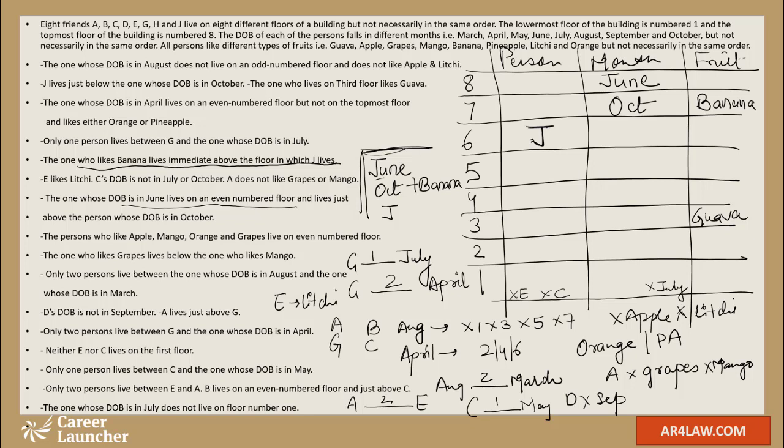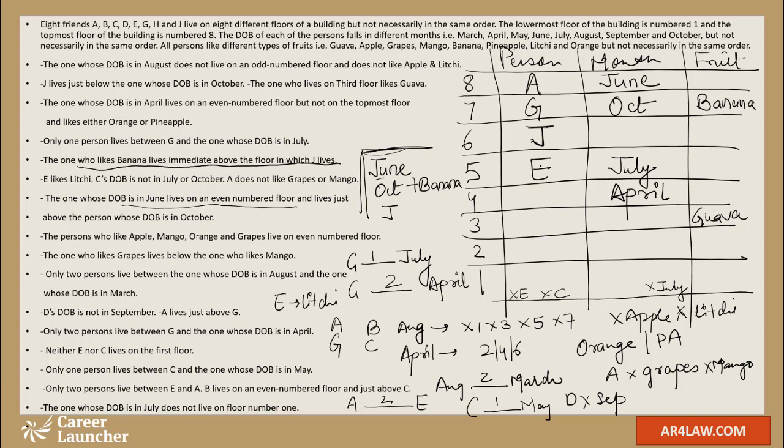Let's place A and G at 8 and 7. That leads to floor number 5 having the person whose birthday is in July, floor number 4 the person whose birthday is in April, and on floor number 5 I would have E.